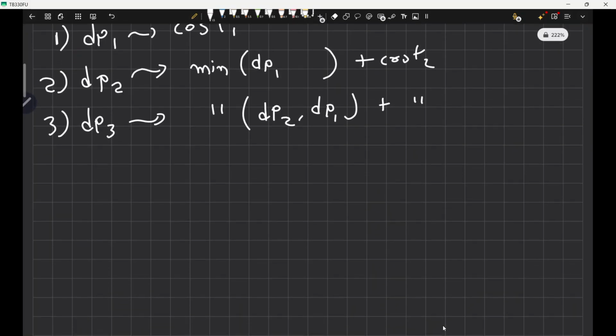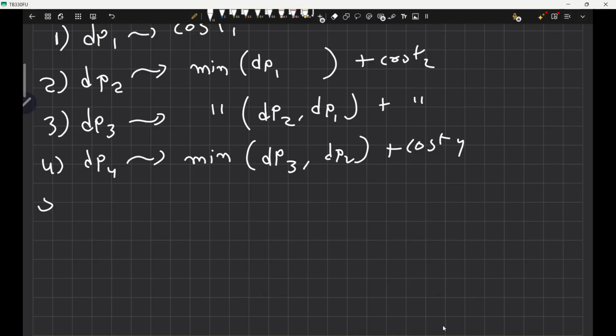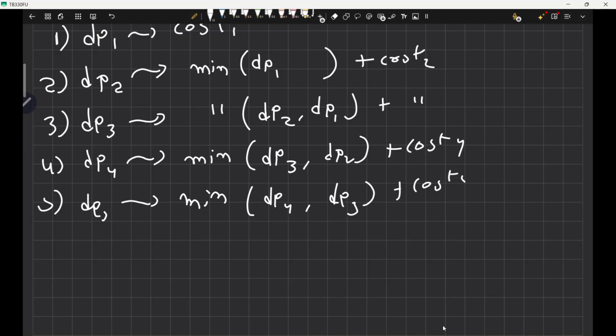Just ignore this thing, I am just caring about which values of dp are used when. So now let's say you count dp of 4. Again, this is going to be the minimum of dp of 3 and dp of 2 plus the cost of 4. And in the fifth second, dp of 5 is going to be the minimum of dp of 4 and dp of 3 plus cost of 5.